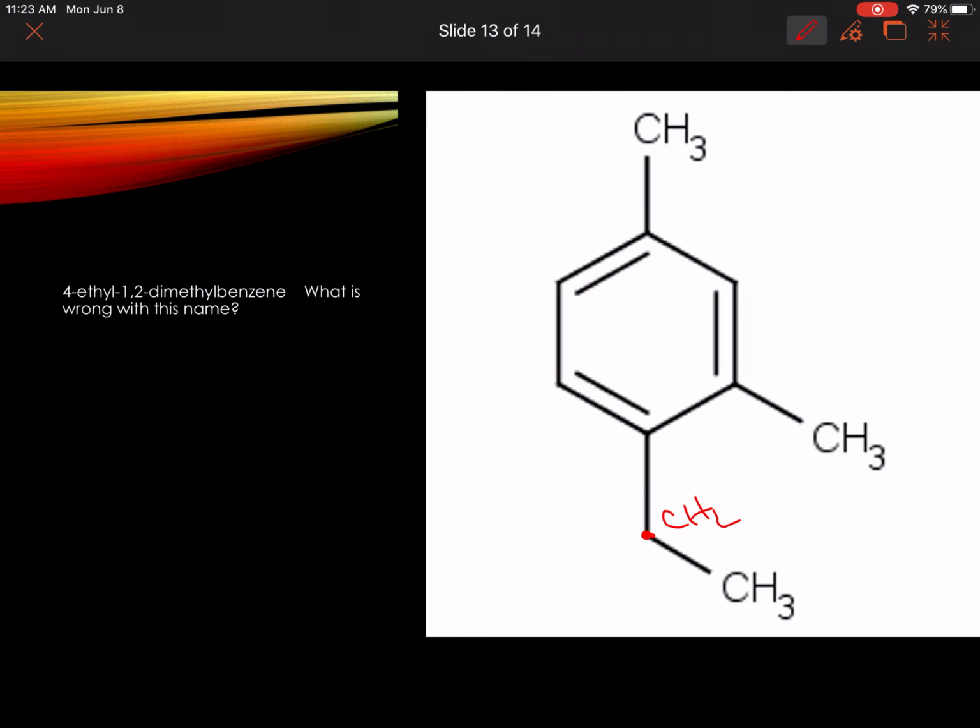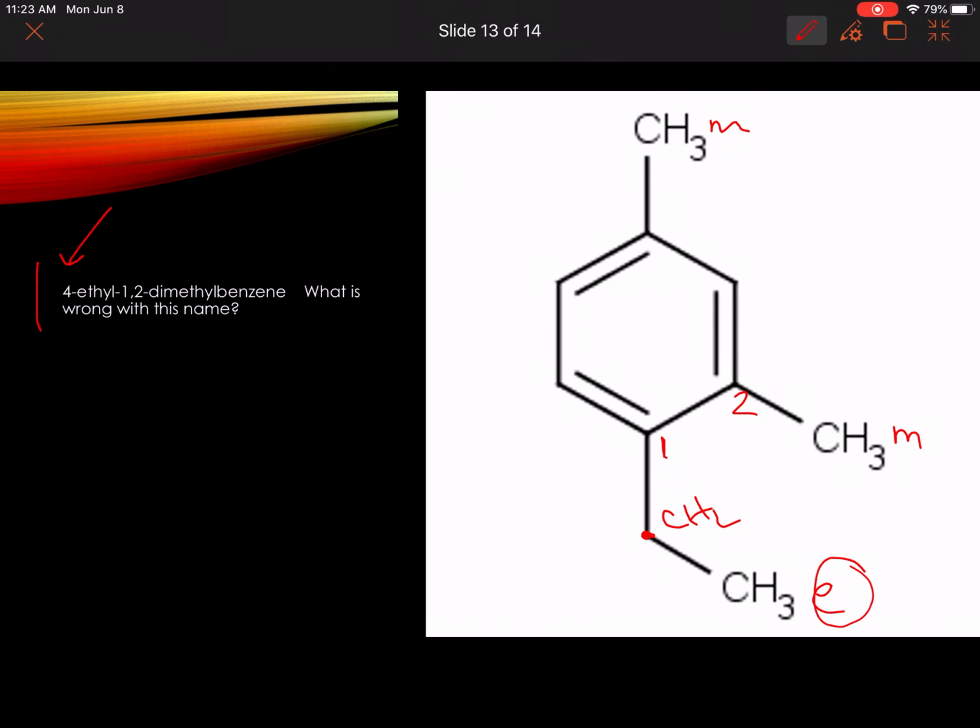So the name given is 4-ethyl-1,2-dimethylbenzene. So again, this is a methyl group, this is a methyl group, this is an ethyl group here. Now, right away, hopefully you can pick up what's wrong with the name. They've got number 4 for the ethyl group. But we know, because you guys are all nice and smart, that the ethyl gets named first.